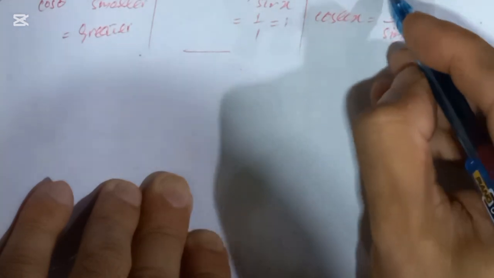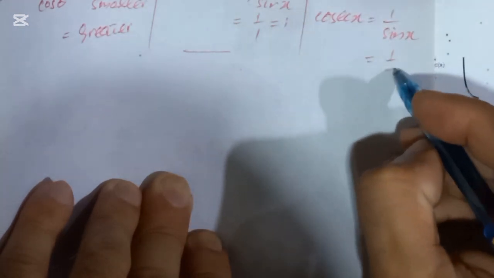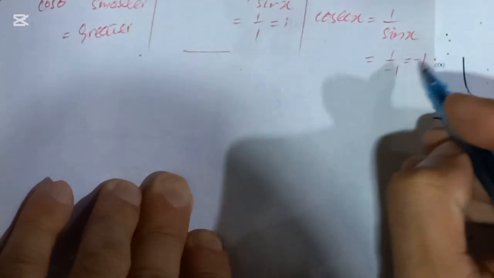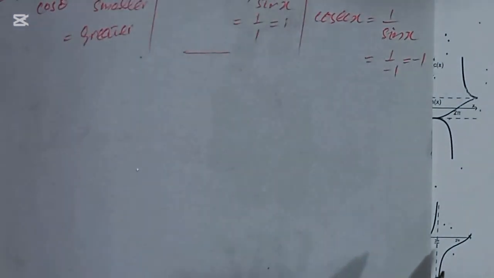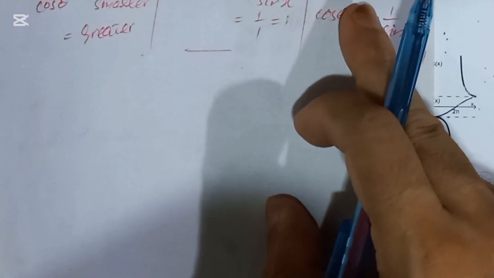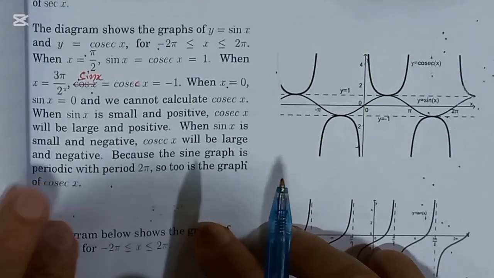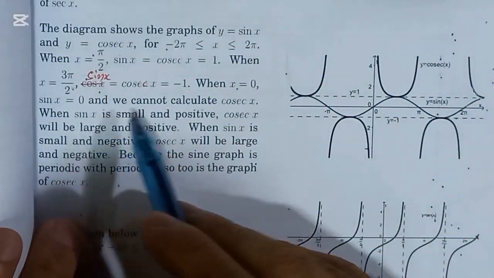So when we put the value of sine in the denominator, cosecant will also be minus 1. So when x is equal to 3 pi by 2, sine x and cosecant x will be minus 1. So this is the concept.